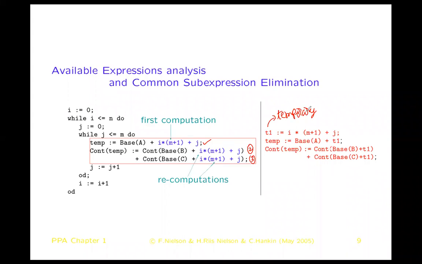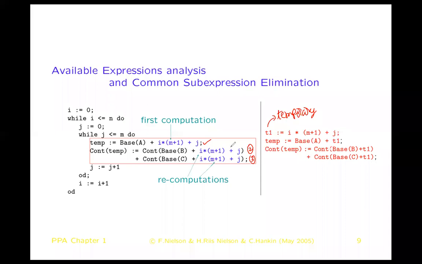The end user only looks at the variables he or she declared, but internally the compiler can generate a lot of temporary variables. So the value of the first computation is stored in the temporary variable T1, and in the second and third computation, instead of recomputing, we use the value that is computed already.